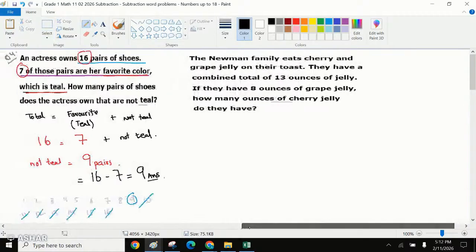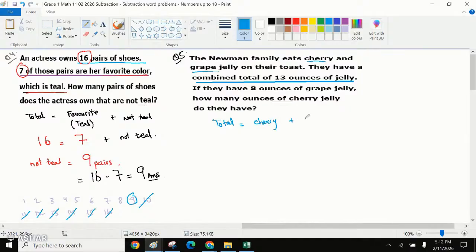For question number 5, we can say the Newman family eats cherry and grape jelly on their toast. They have a combined total of 13 ounces of jelly. That means we can write the statement: the total means cherry plus grape.